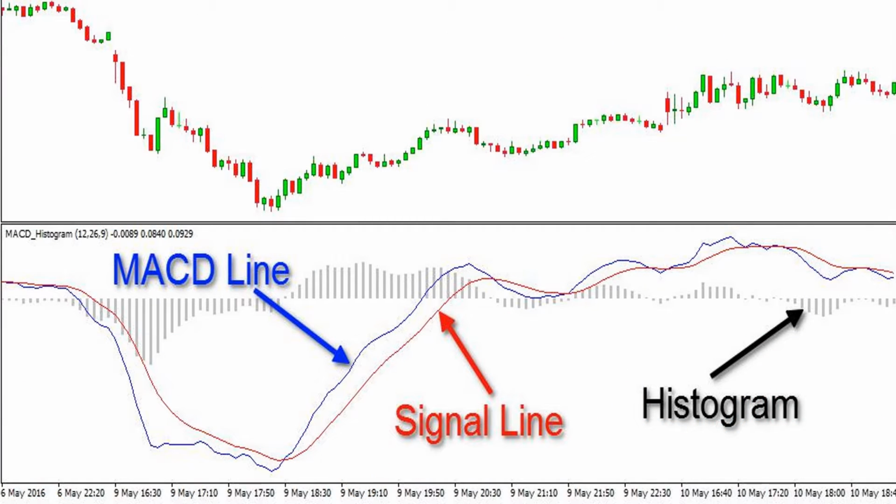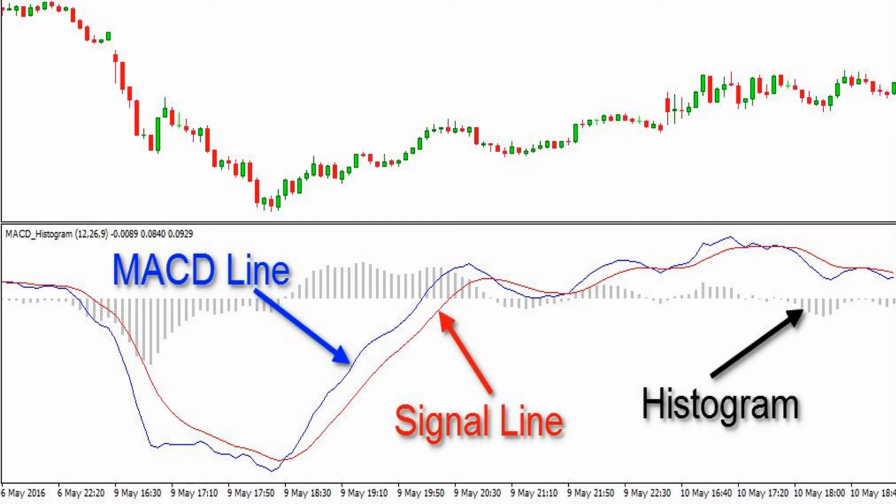So let's look at what the MACD indicator actually is made up of. The individual components of the MACD indicator include the MACD line. The MACD line is the heart of the indicator and is shown as the blue line on the screen now.